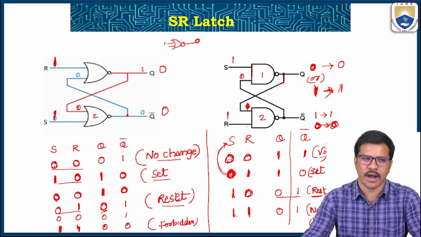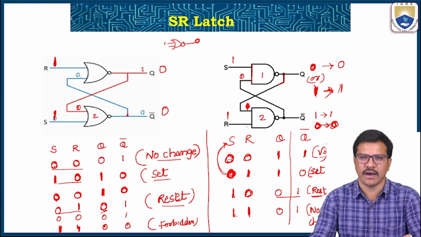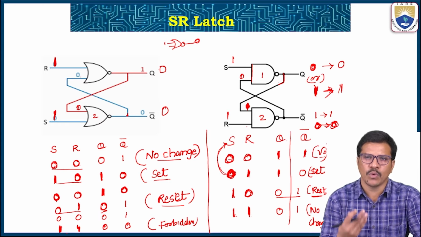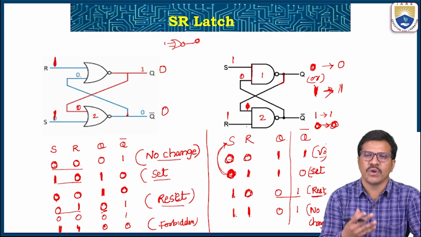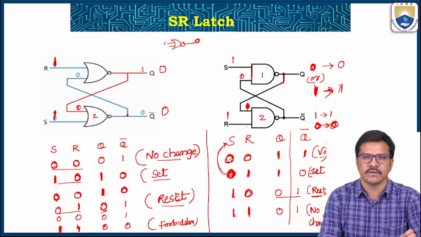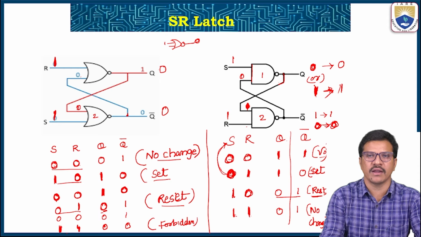By adding a gated circuit in front of this S and R latch. When we see here, there is no controlling. When we want to get the set or the reset, whenever we don't want the output to go to set or reset, we don't have any control. For example, that output Q must be in set. Whenever inputs change, we can't control.